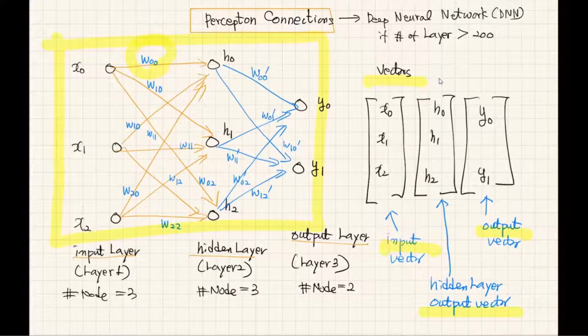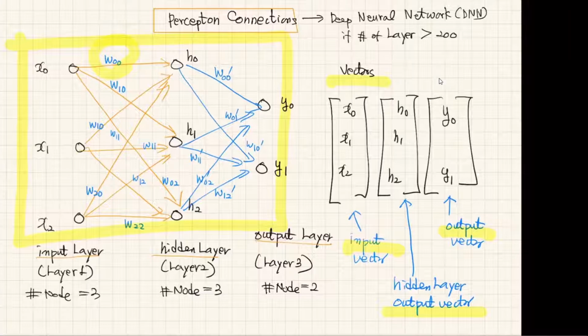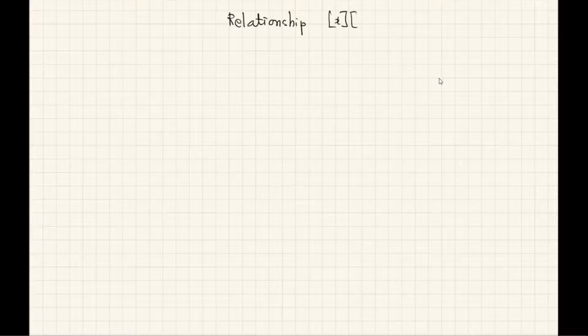Now, I would like to develop an equation to make a connection between the input vector, hidden layer output vector, and output vector.